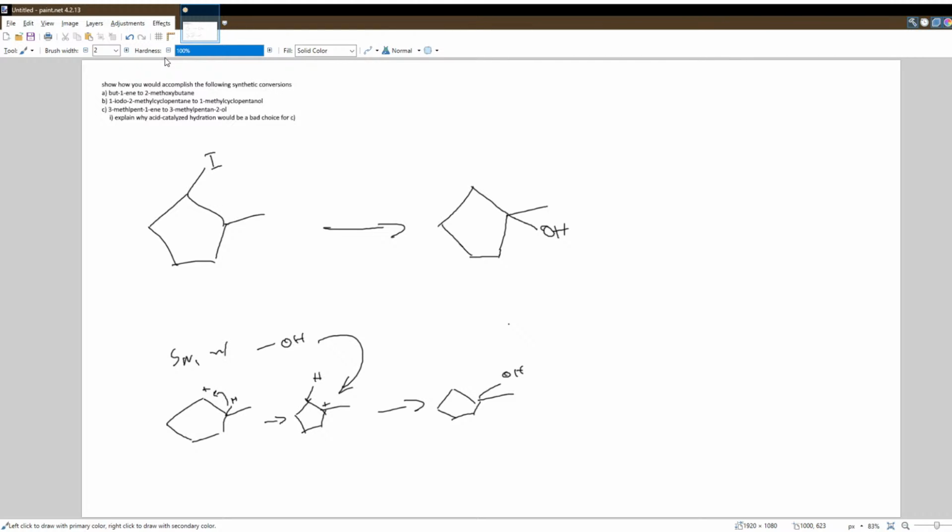But somehow I feel like they want me to do some alkane chemistry. There's also the possibility of it being an elimination reaction instead of SN1 with methanol. So when it goes like this, we'll have our methyl right here.